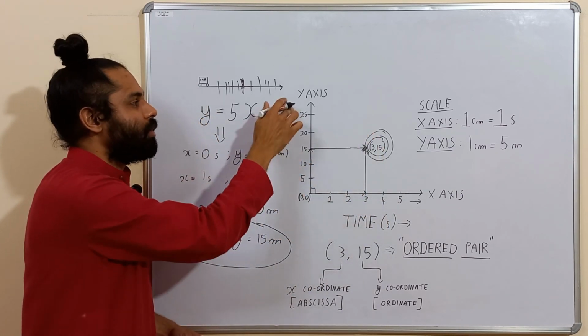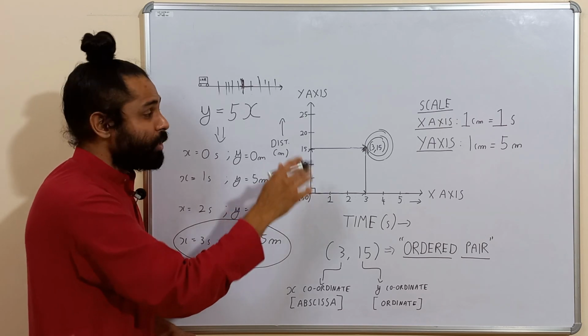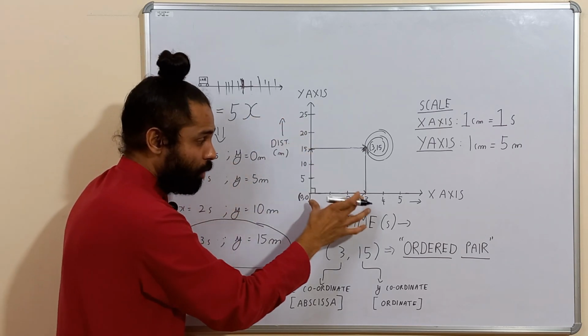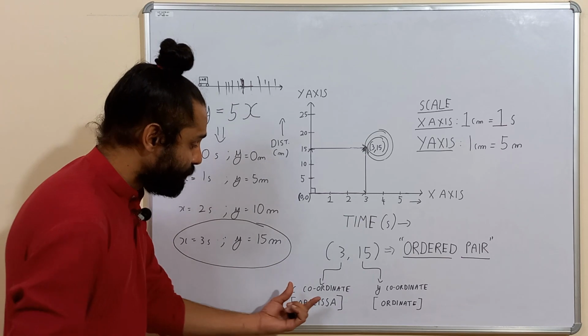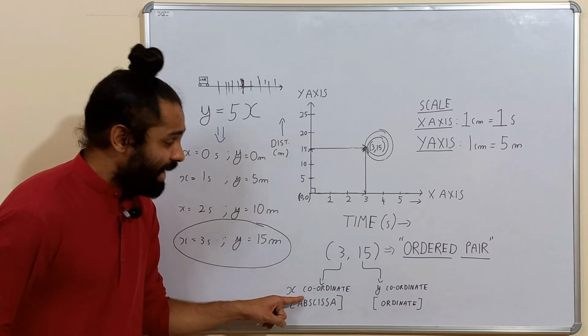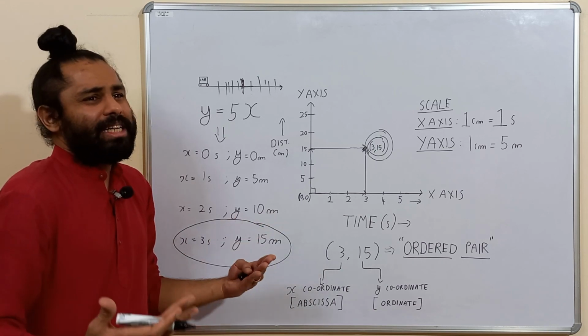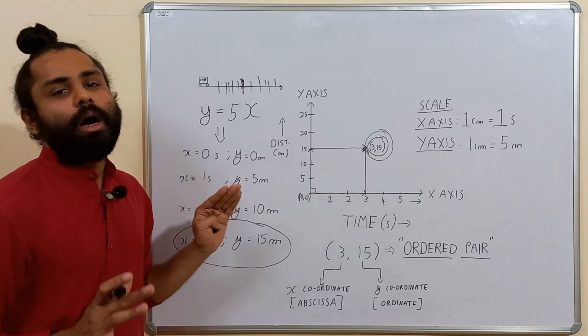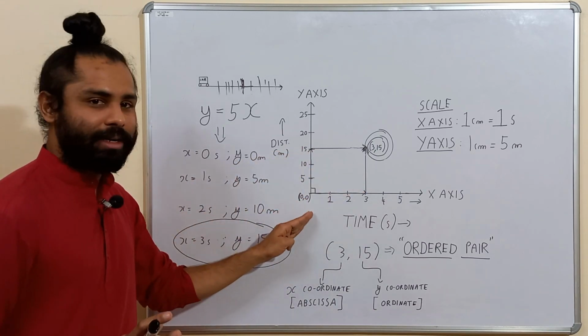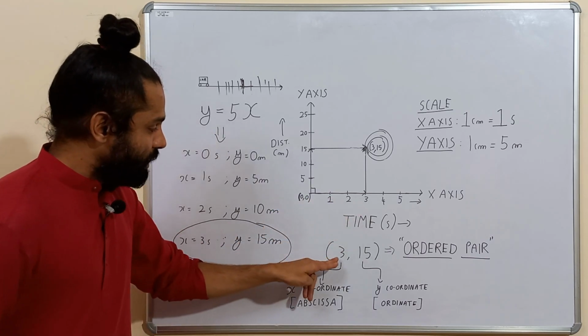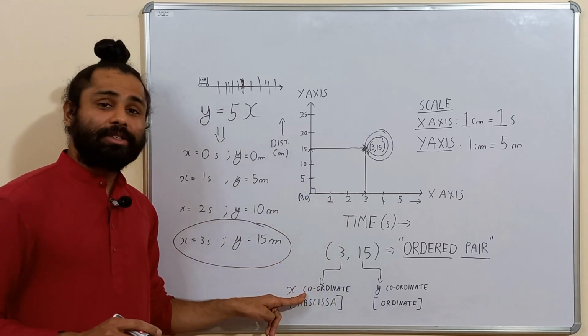In this case, the y-axis is distance, right? So the amount that you have moved along the x-axis is referred to as the x-coordinate. Coordinate is just a fancy way of saying how much have you moved along that direction from the start, right? So I have moved 3. So in this case, that 3 refers to the x-coordinate.